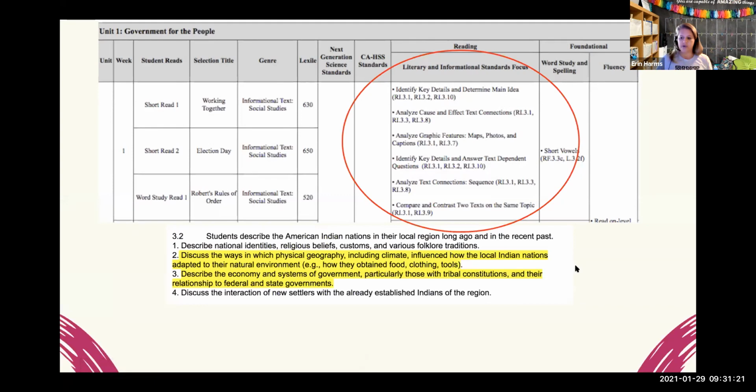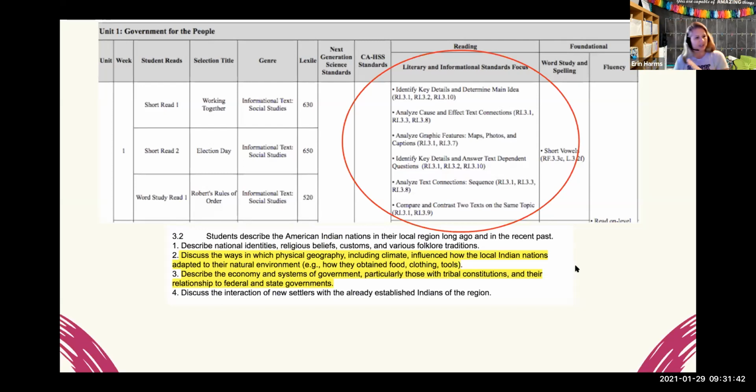Now, within those literary and informational standards, if we look at the social studies standard for third grade, our focus might be the Native Americans. We're going to describe the American Indian nations in their local region long ago and in the recent past. Well, the overarching idea for Benchmark is government for the people.